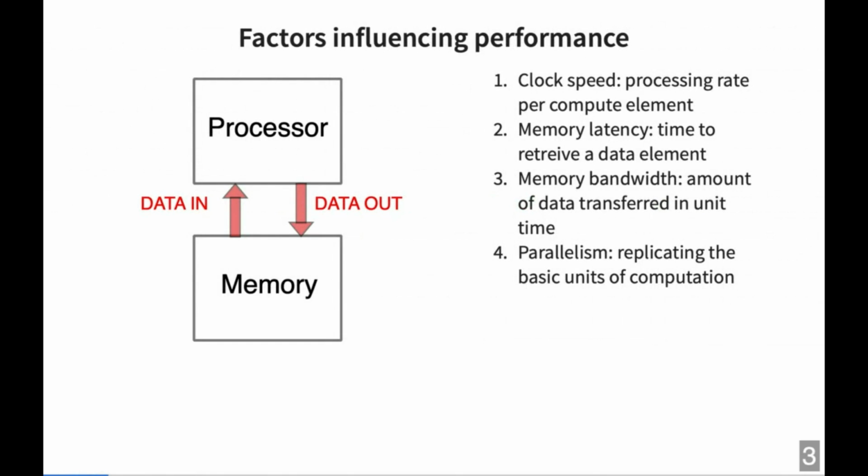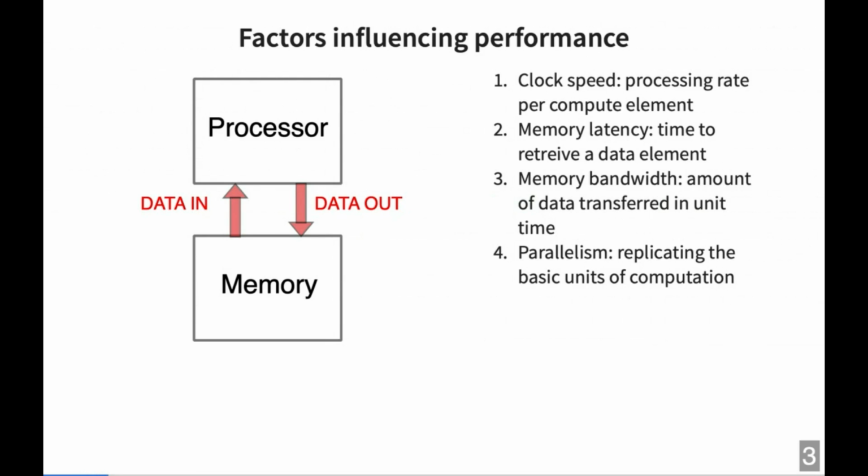So if we take a very simple picture, which is seen here on the left, of a computer, we can think of it as a processor which is attached to some memory.